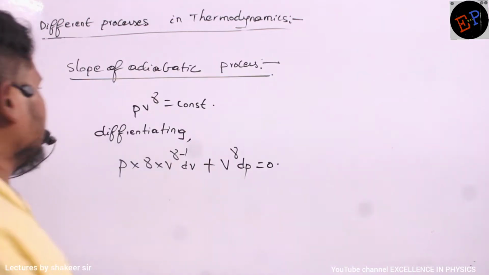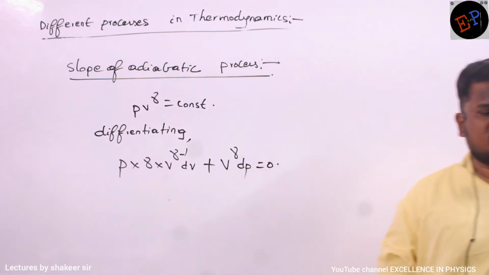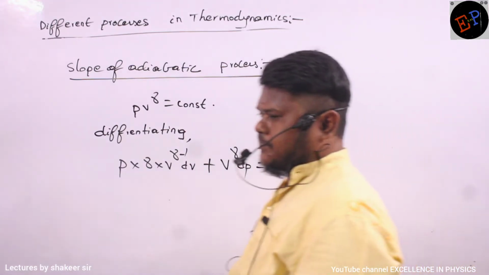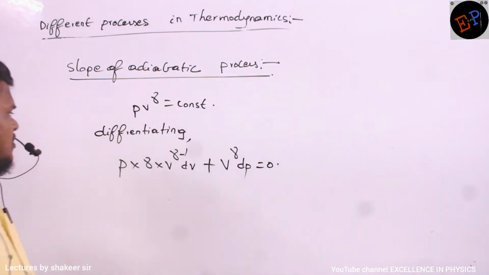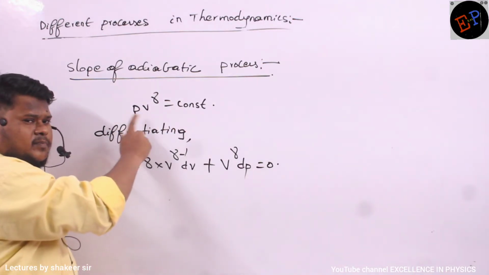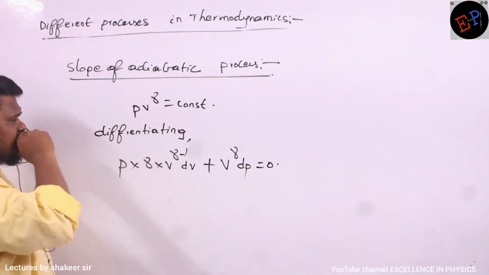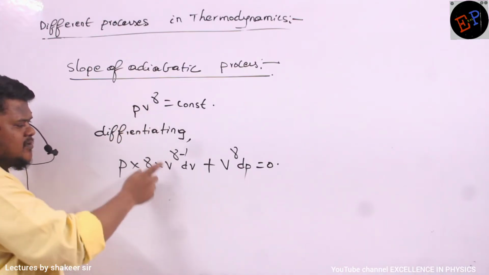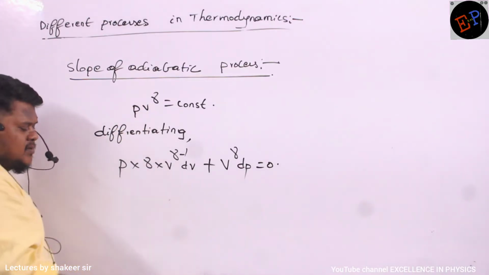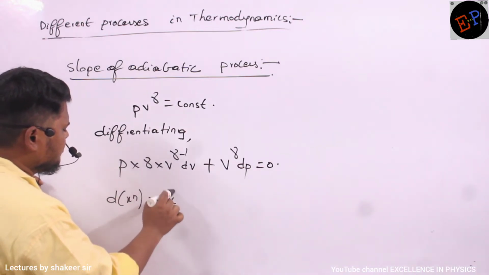Now see. Next we are trying to derive an equation for the slope in the case of the adiabatic process. PV power gamma is a constant. This is one relation between pressure and volume. Now if I differentiate this relation, P times the differentiation of V power gamma. The differentiation of x power n is n into x power n minus 1.